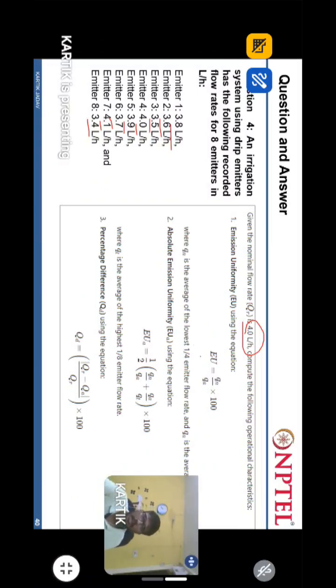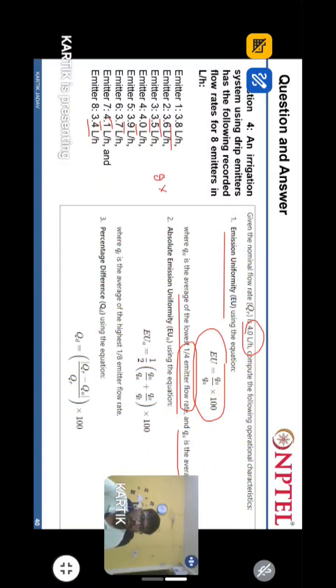All the equations are given here. First, we need to calculate the emission uniformity using this formula. Here we know that uniformity coefficient is given by Qn by Qa multiplied by 100. So what is Qn here? That is the average of the lowest 1/4 emitter flow rates, and Qa is the average flow rate. So average of 1/4 emitters means here we have a total of 8 emitters, right?